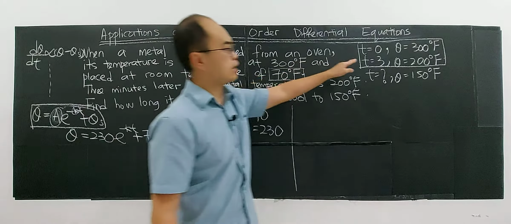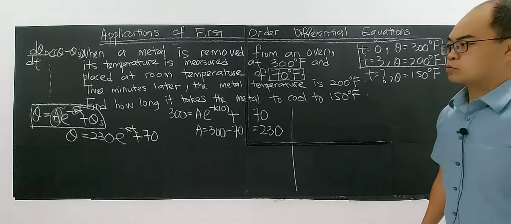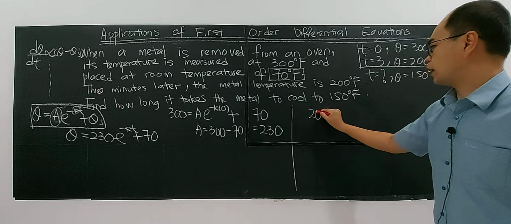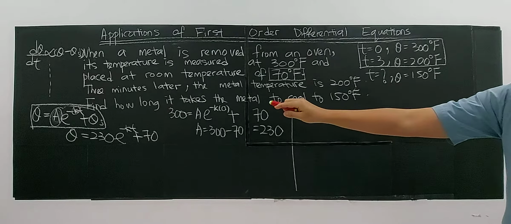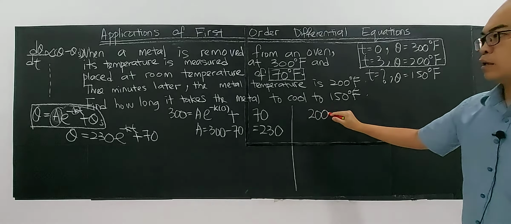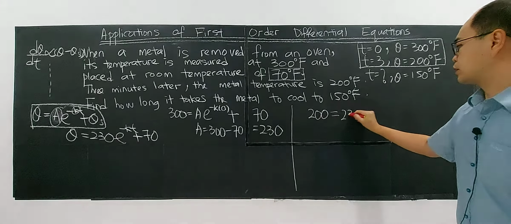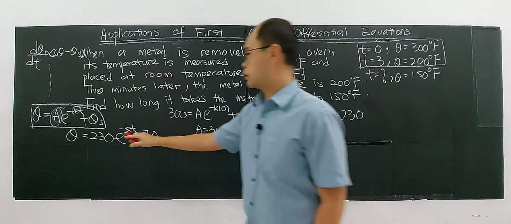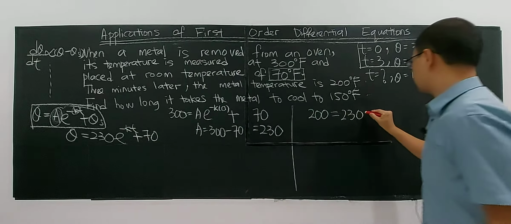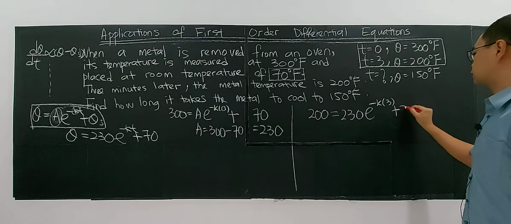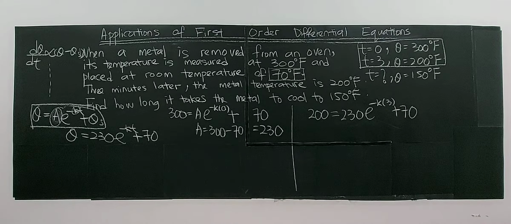We're using the second piece of information: theta is 200 when the time t is 3, and A is 230. So 200 equals 230 e^(-k times 3) plus 70.